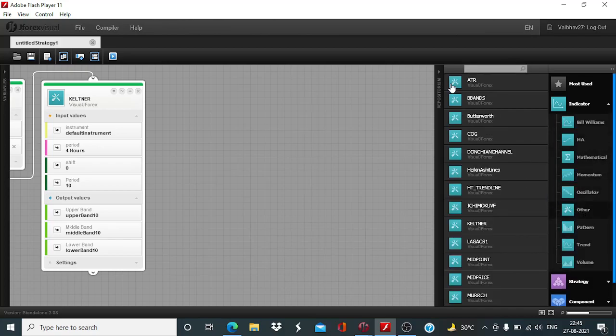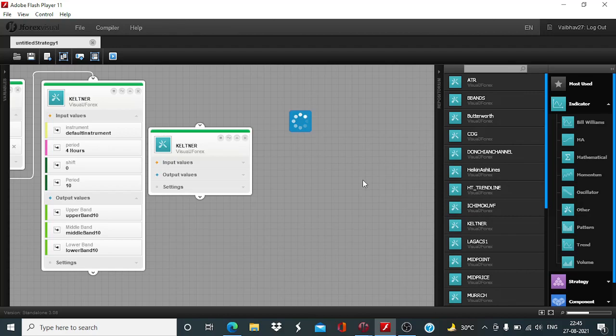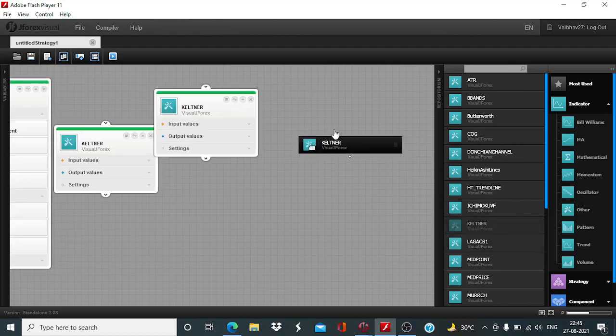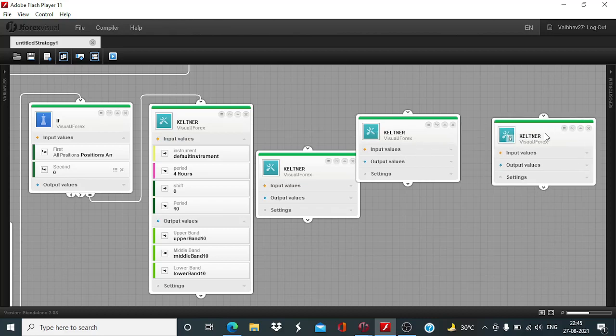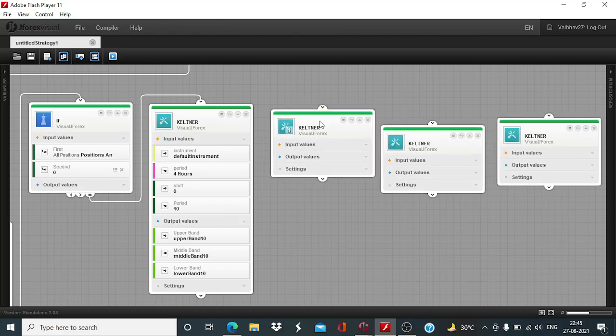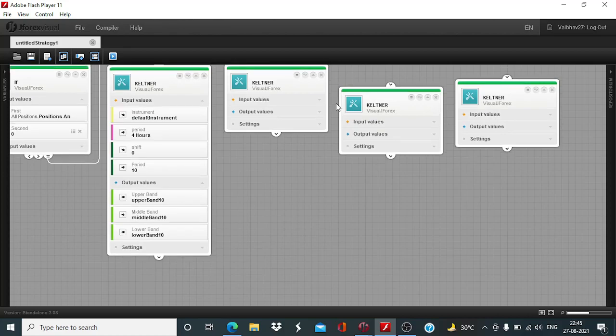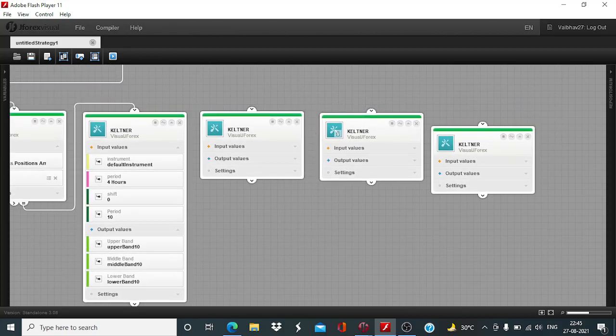We will find the indicator just below each VF block. As I said, we are going to need 4 of these, and we have to define them accordingly.